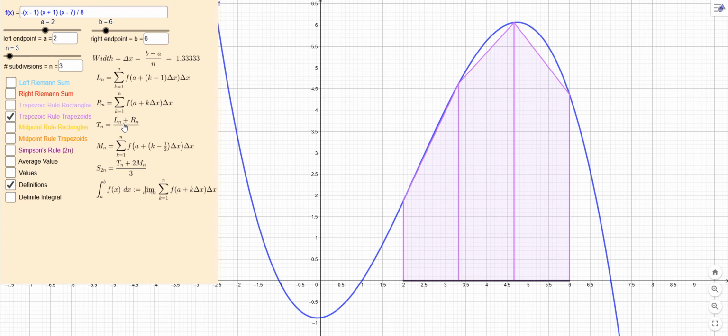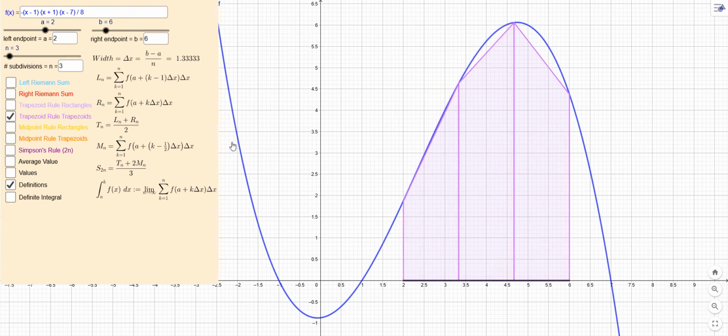So the trapezoid rule is essentially approximating with a linear function, whereas, say, a left Riemann sum is essentially approximating the function with a constant function on each one, as is the right Riemann sum.